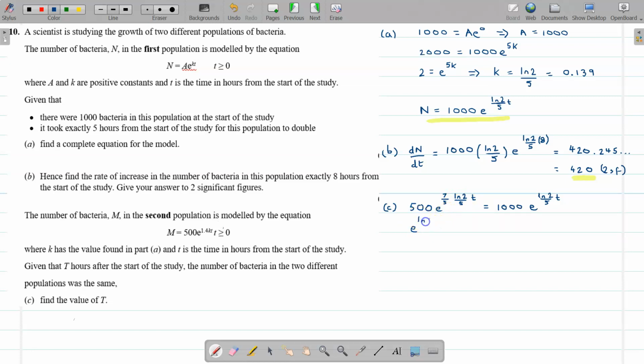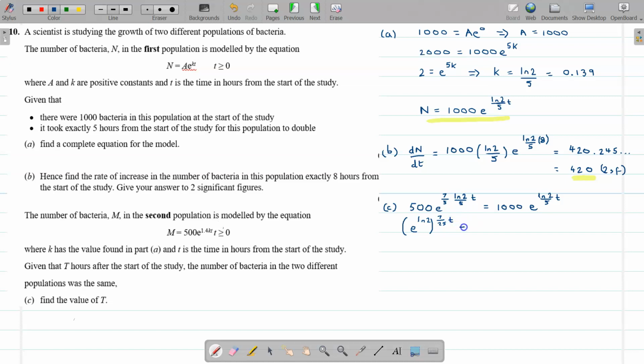So I'm writing this as e to the log 2 and then raising all of that to the power of what's left, which is 7/25 of t. That's the best way of illustrating what I'm doing here.